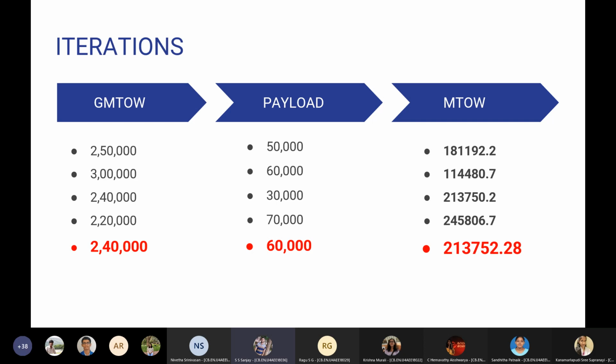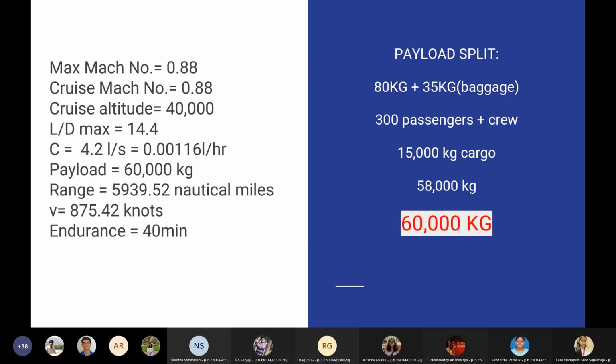Yes, Supranay, I have a question. Yes, sure. The C, right? TSFC. You're using I per second. What is this I? Is it liter per second? I think it's actually L. Okay.